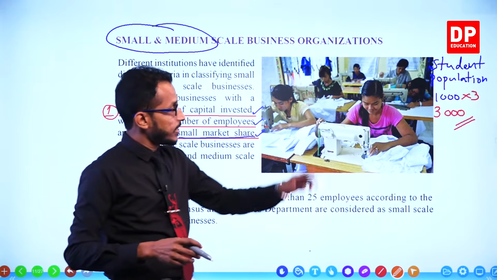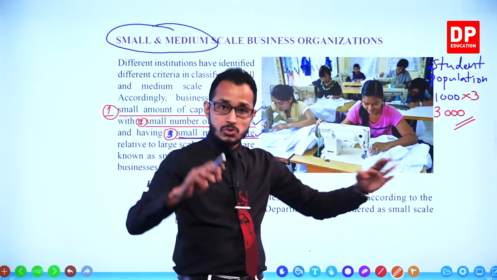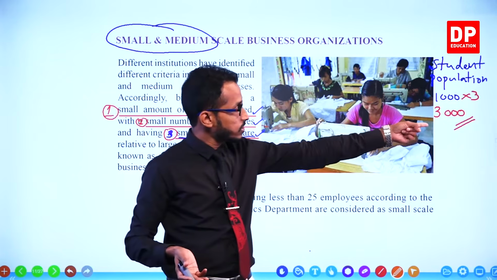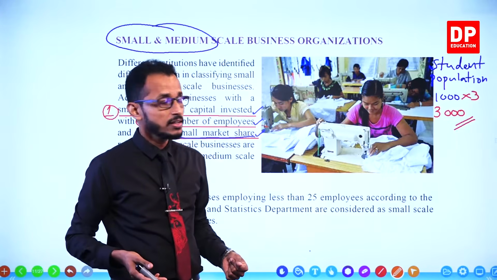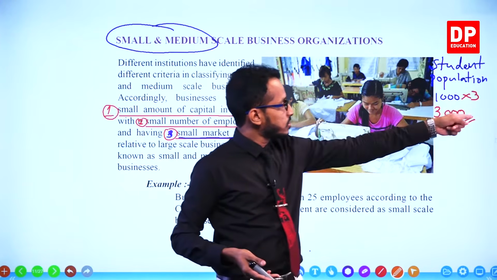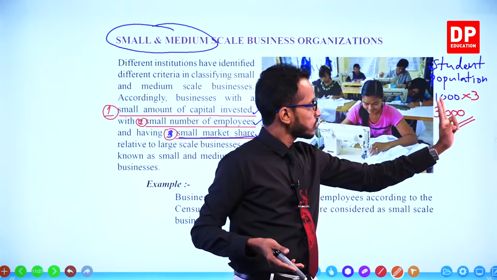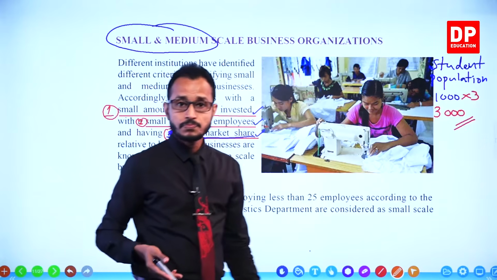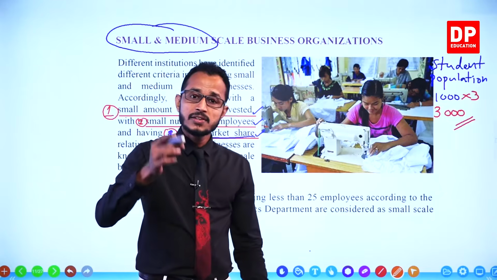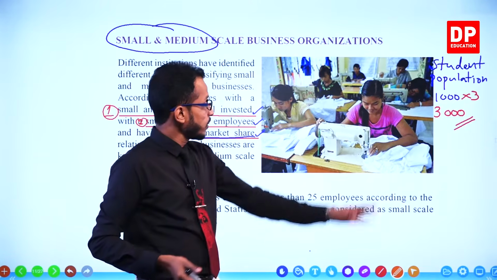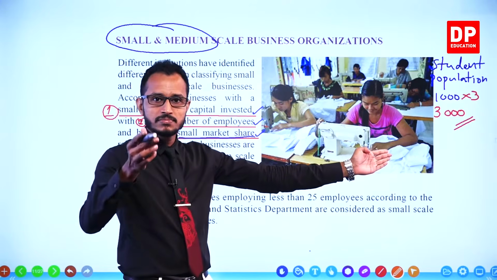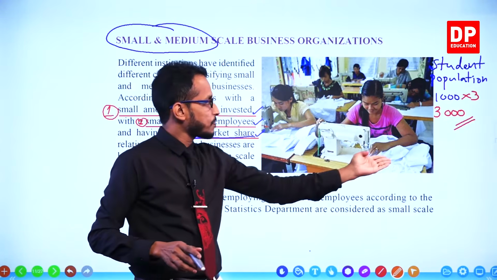Every year, they need 3,000 school uniforms for the 3,000 students. Each school has 1,000 students, 3 schools, 3,000 students. This year also, they need 3,000 uniforms. And your mother, not you, is producing that.